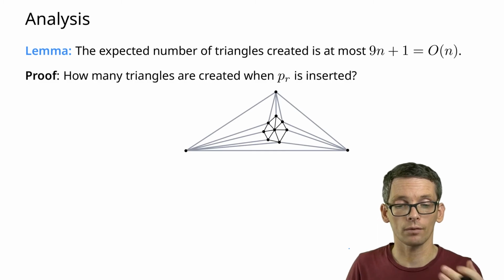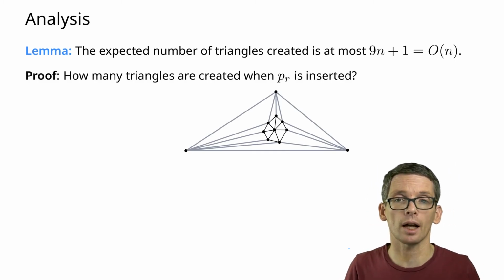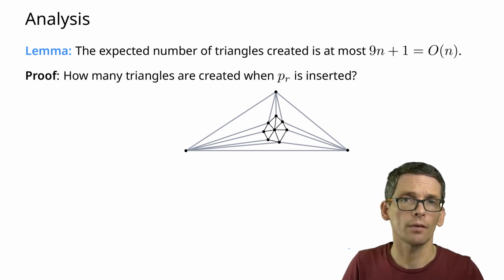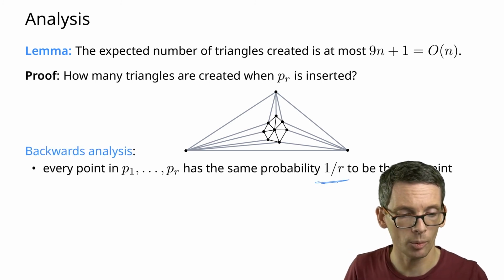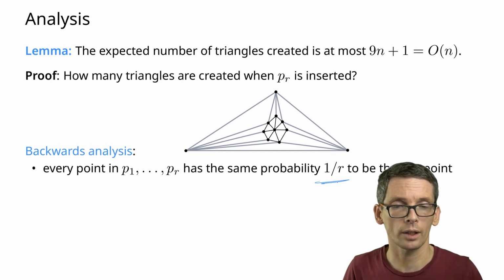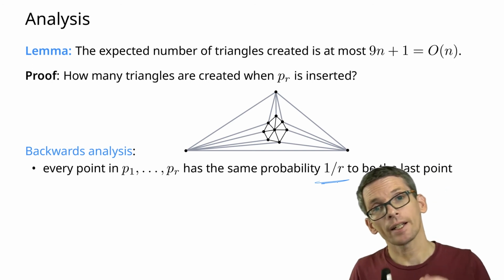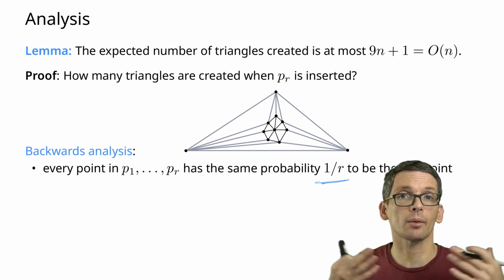So we have a given triangulation. Any point in that triangulation has the same probability of being the last one, and we ask how many triangles were inserted if a certain point, let's say p_r, was the last one. Each of these points has the same probability, 1 divided by r, of being the last point. So I can say something about the expected degree of the last point, because I can say something about the overall degree.